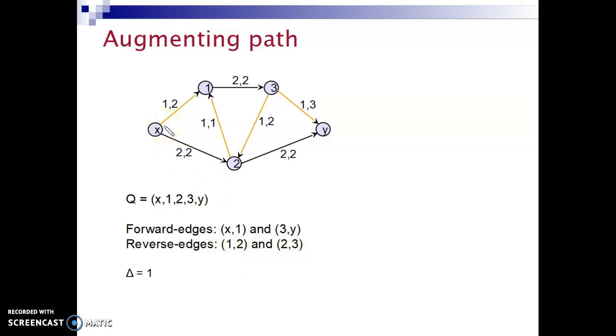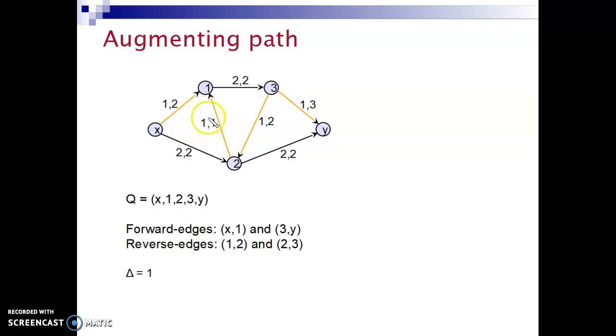And if you go back to the delta value definitions, a delta in the forward edge is the difference between the capacity and the flow. So here, delta is equal to 1. In the reverse edge, delta is only the flow value. We don't take the capacity of the edge into consideration.